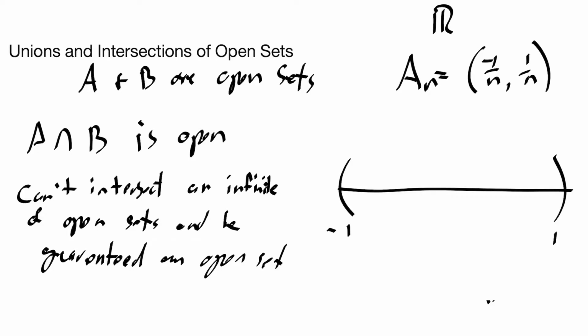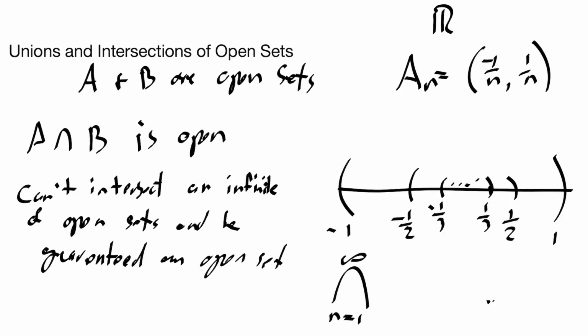So there's my first open set from negative 1 to 1. My second open set is negative 1/2 to 1/2. My third open set is negative 1/3 to 1/3, and then we just keep going in this way.